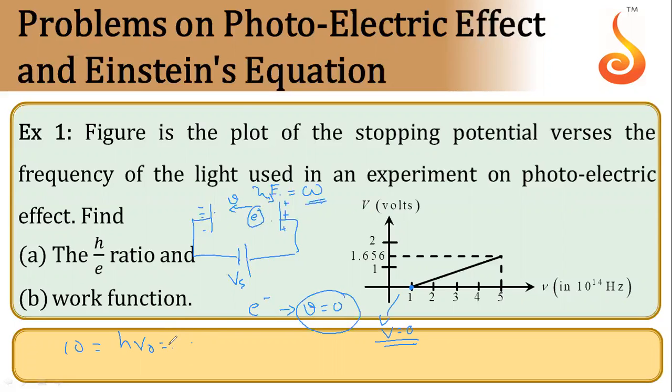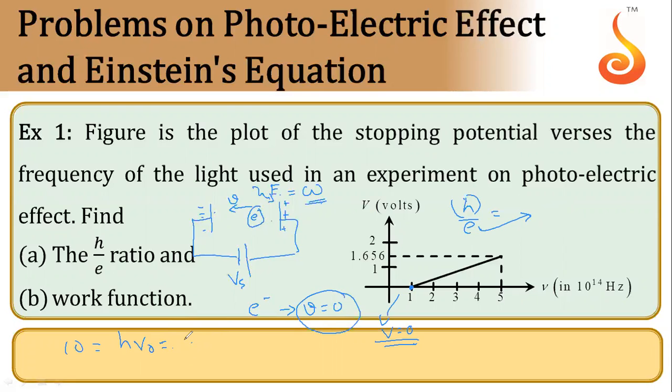We don't know the value of h. One thing you can do, h by e value we have found already. Then you have to multiply the value of charge of electron to calculate the value of h.